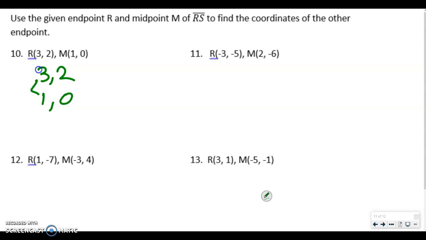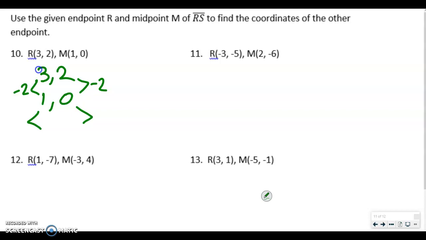So if I go from 3 to 1, think about moving across a number line. I am subtracting 2. I have to subtract 2 from 3 to get 1. So it's a difference of 2 going down. And then from 2 to 0, I would be subtracting 2 to get to 0. So I want to do that same thing to find our other endpoint.